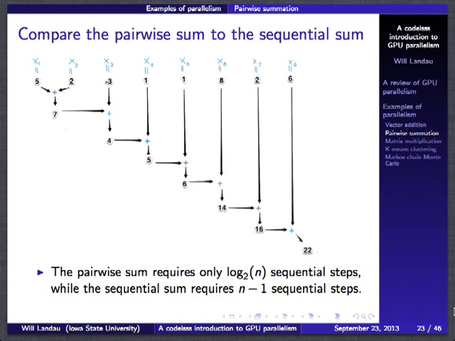Compare this to the sequential sum, where I take the sum of these 2 elements, sum that with the next element, sum that with the next element, and so on. That's n-1 sequential steps. So if you're working in parallel code, the pairwise sum is much more efficient than the sequential sum. Log n efficiency is much better than n efficiency.